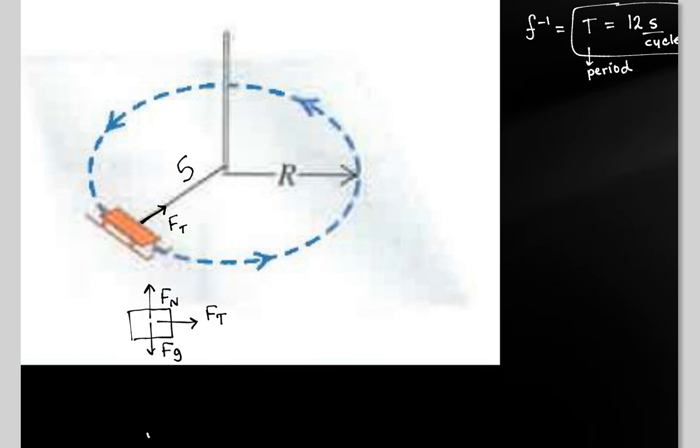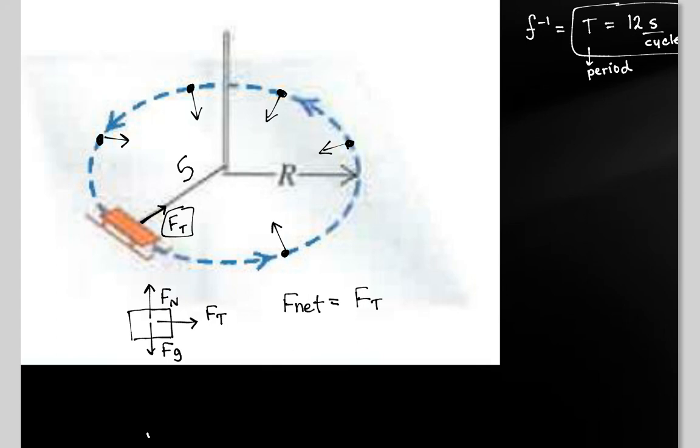So depending on where you are along the path of the circle, there will always be a net force pointing inward. And that net force is the force due to tension in the string. So we say here F net is Ft.